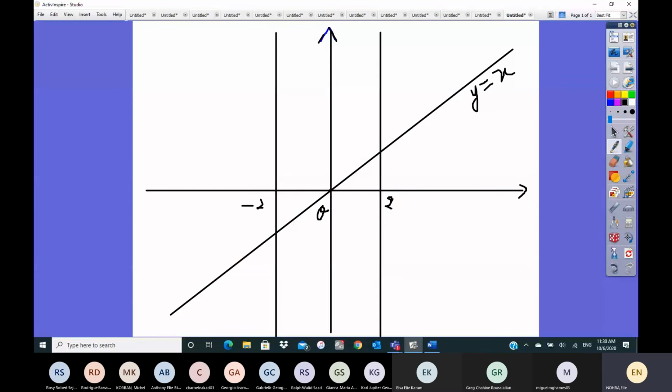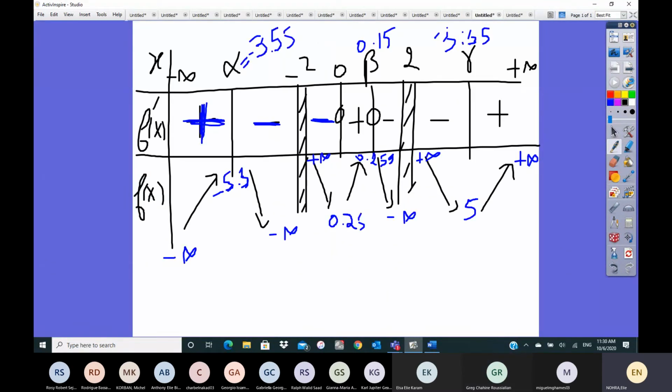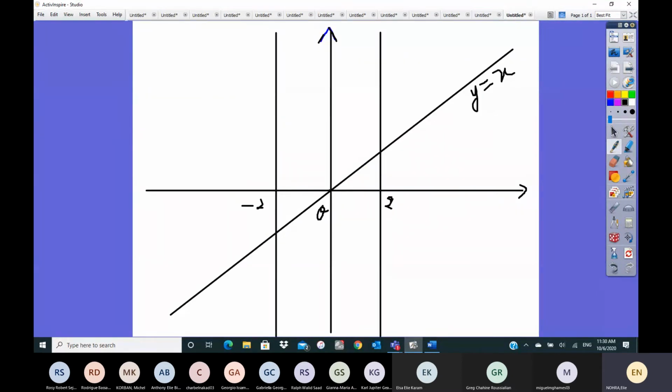For the first portion, if you notice here, it increases to minus 3.5, minus 5.3. So it increases somewhere to this point, and then decreases again over there. And this is how we got this expression.